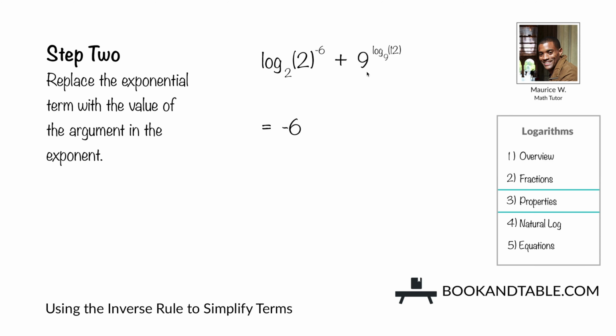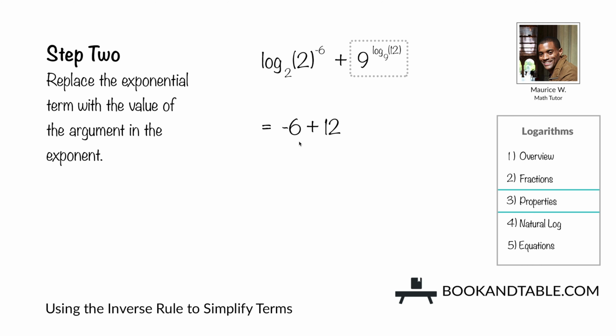And now we can work on the second term, 9 raised to a power of a log of base 9 of 12. We want to replace the exponential term with the value of the argument of the exponent. So we'll replace 9 raised to a log of base 9, replace this whole term, with the argument 12 that is in the exponent.